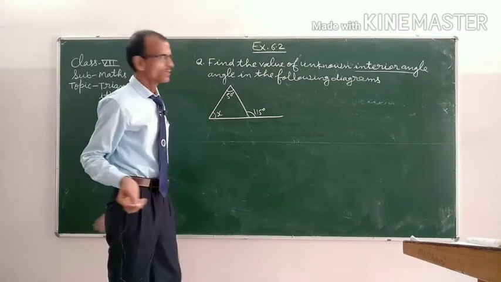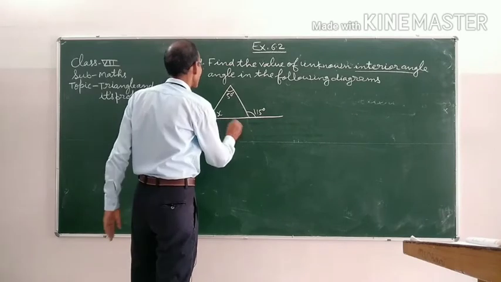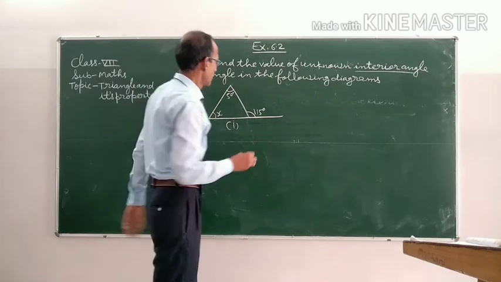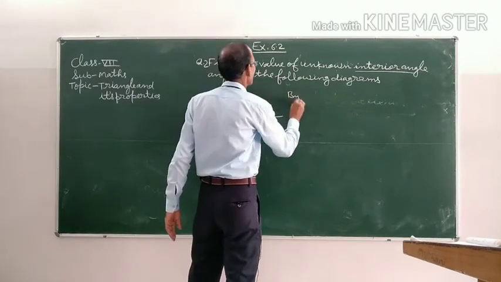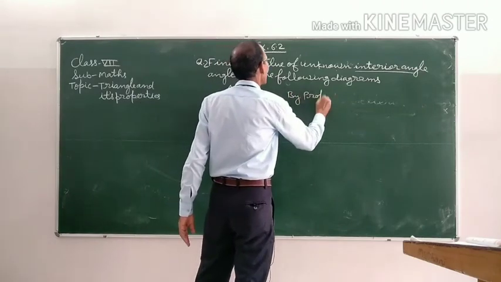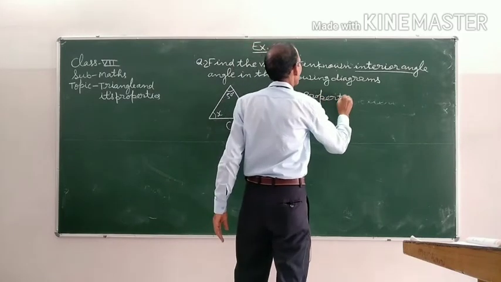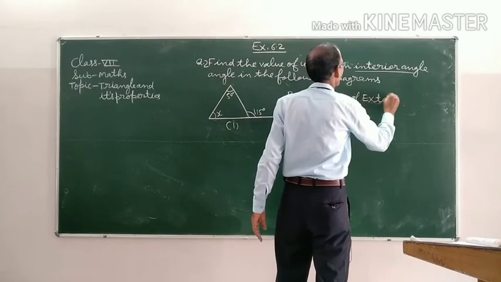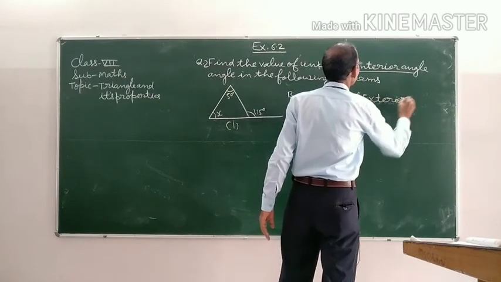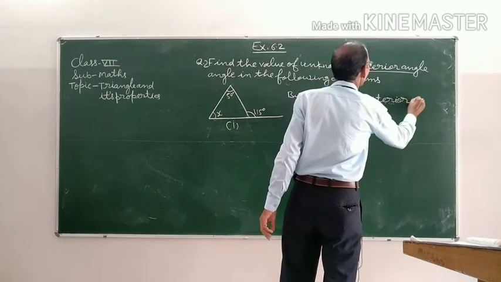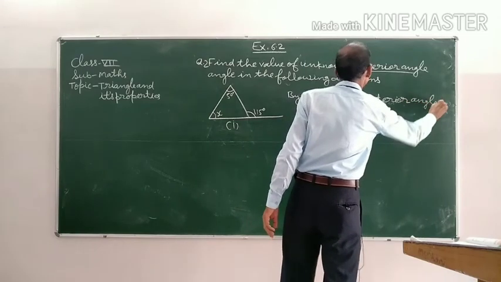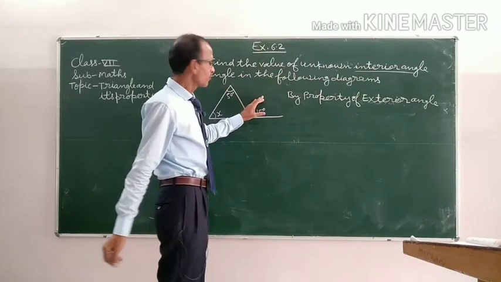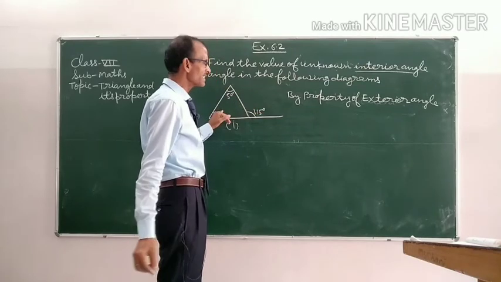Okay? So by the property of exterior angle, we know that exterior angle always equals the sum of interior opposite angles.